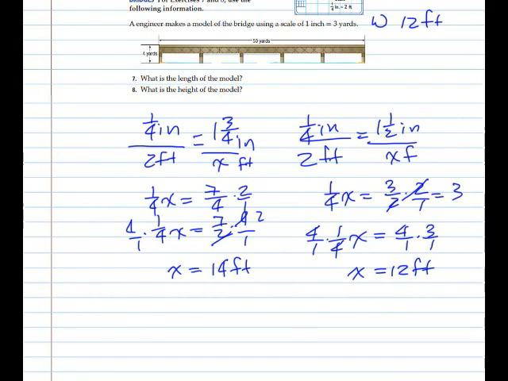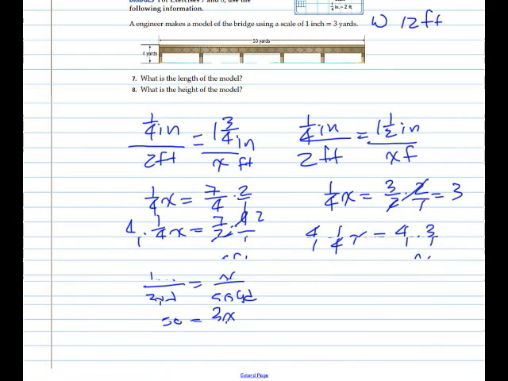Our last 2 examples here. It says an engineer makes a model of the bridge using a scale of 1 inch to 3 yards. So we have 1 inch to 3 yards. Our length on our drawing is 50 yards. We don't know the inches this time, but we know the yards. So we do cross products.